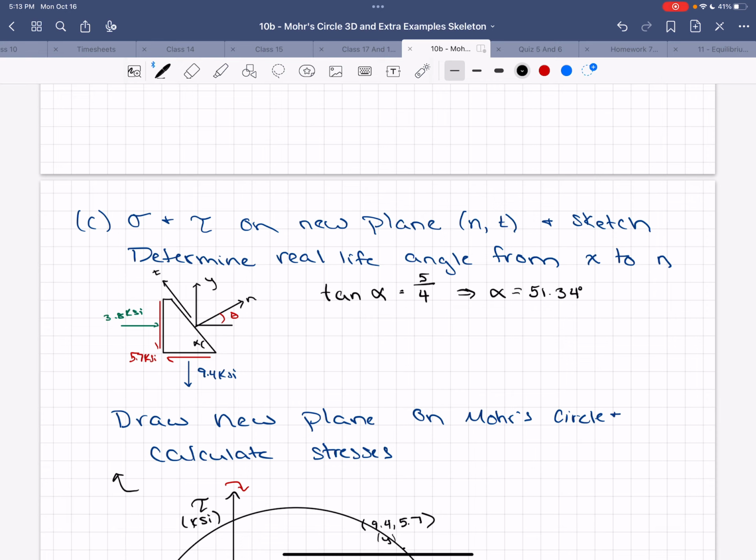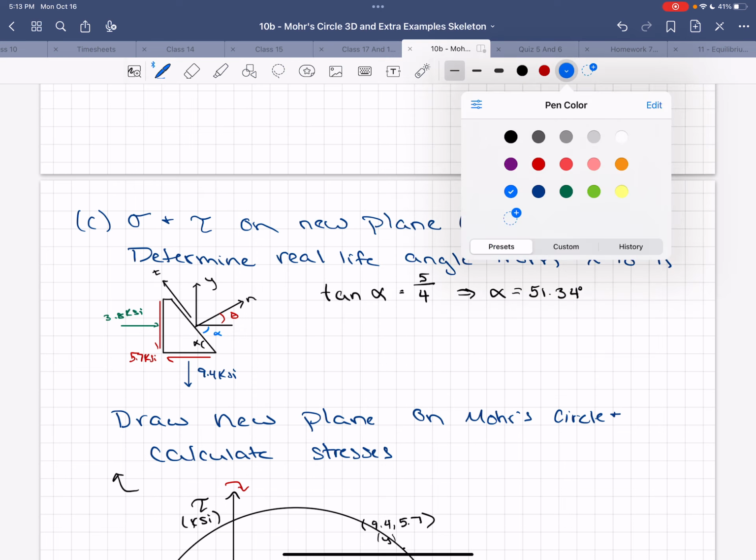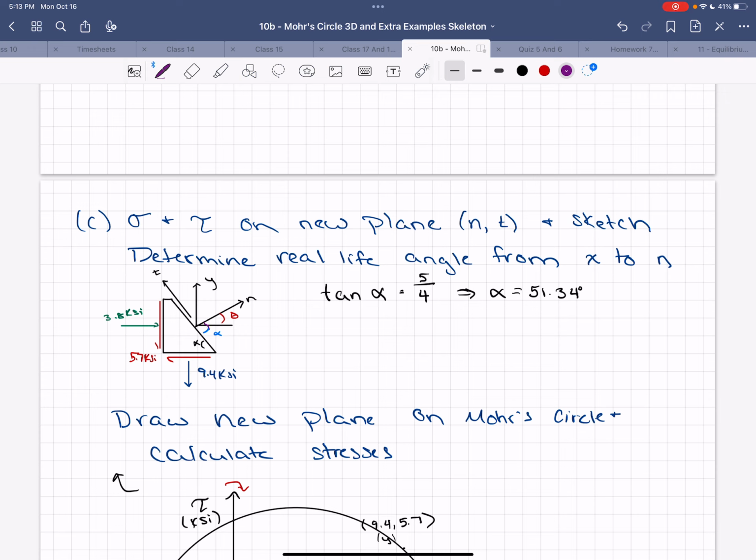Now theta is going to be 90 minus alpha. Because that would make this angle here alpha, and then we have this is a 90-degree angle.